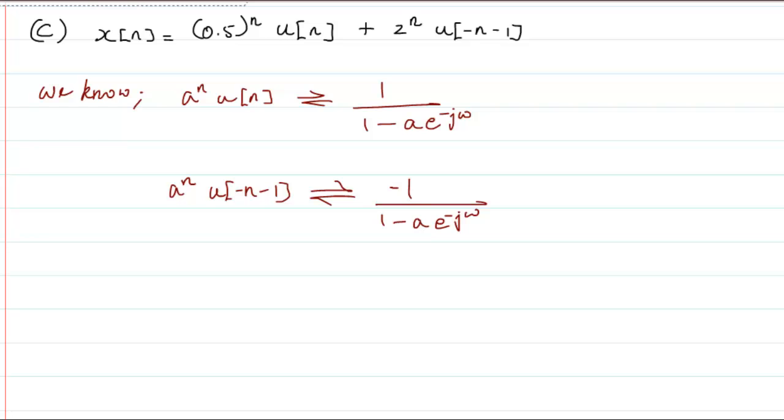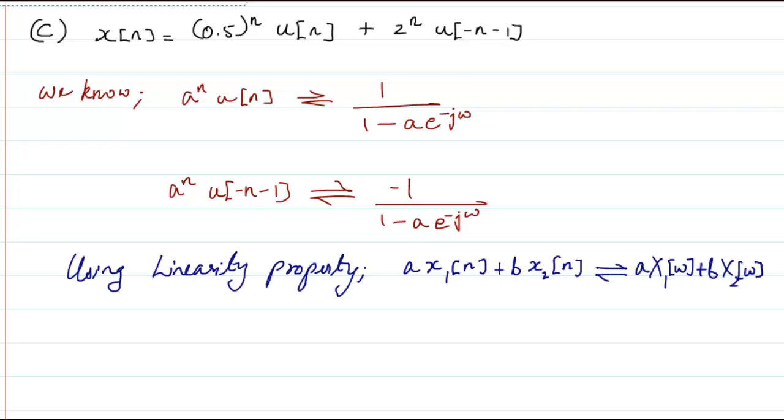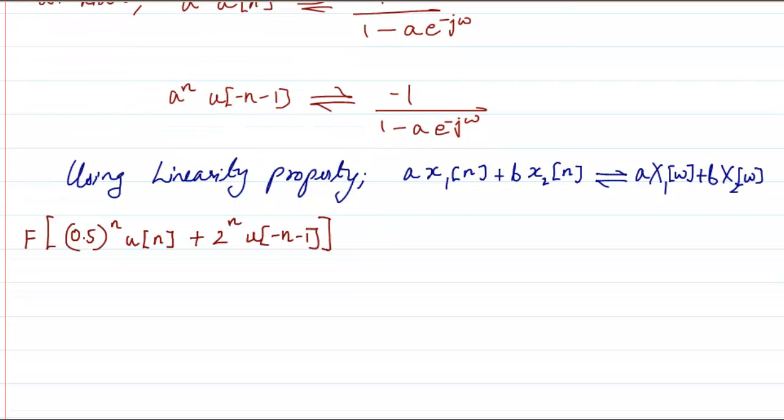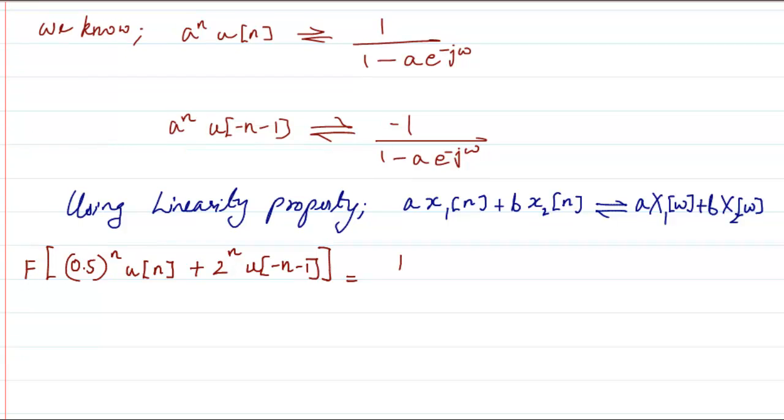Now, using the linearity property, which says that if you multiply and add here, on the other side also it gets multiplied and added, we can directly say that the Fourier transform of x of n is, for the first one, 1 divided by 1 minus 0.5 e raised to power minus j omega, plus minus of 1 divided by 1 minus 2 e raised to power minus j omega, since in the second portion a is 2.